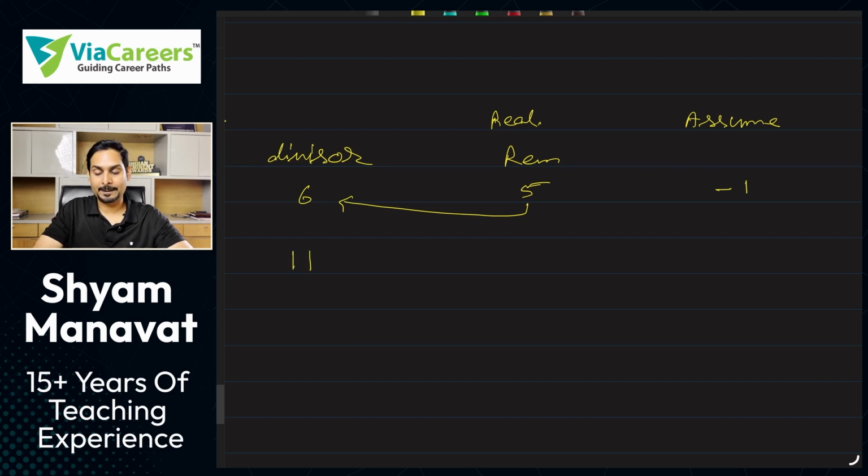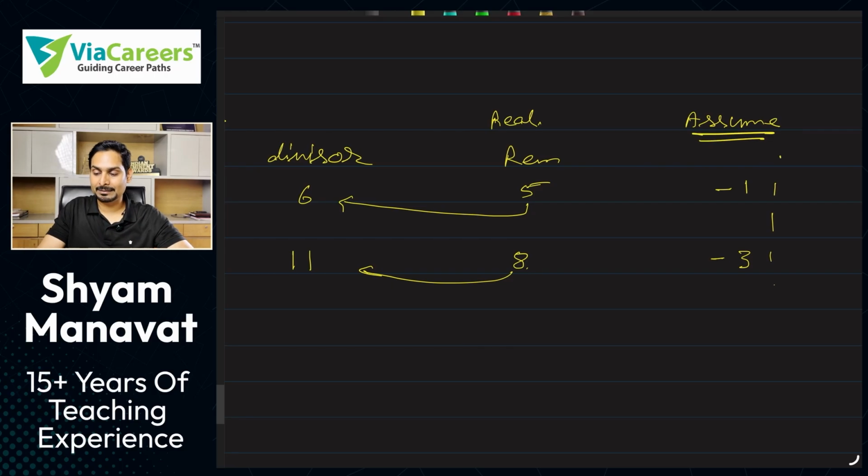Any number when divided by 11, divisor is 11, and if I am getting the real remainder as 8, I can say the negative remainder is 8 minus 11, which is minus 3, okay? I can assume it to make it easy, to simplify it.